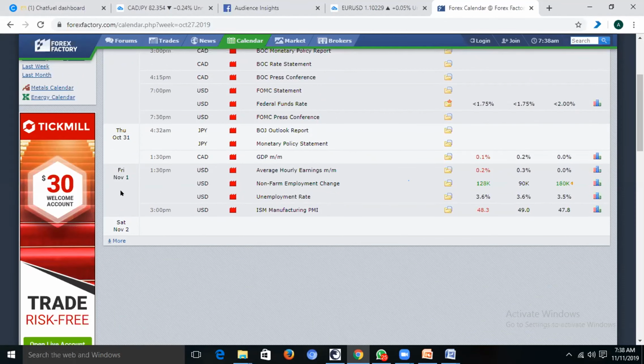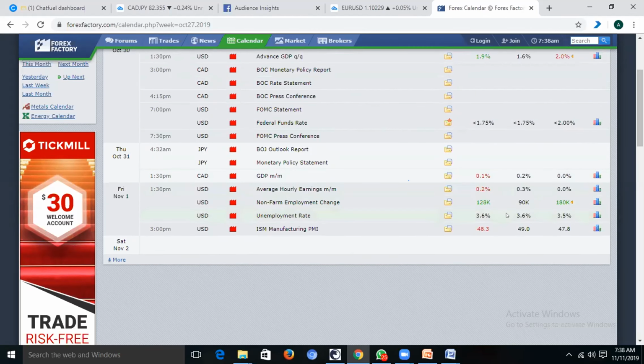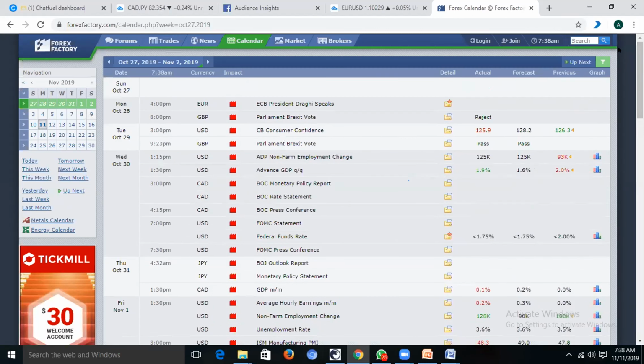This was on the 1st of November. This news came out: 228,000, 90,000 previous. This was the forecast, right? This was the forecast. This was the actual. Then this is the previous.